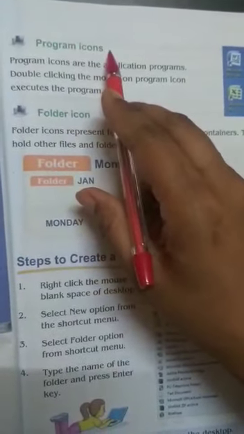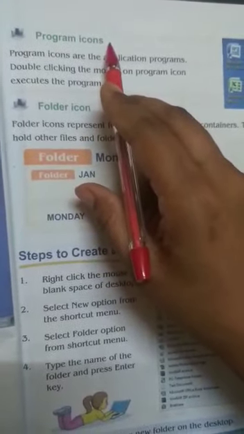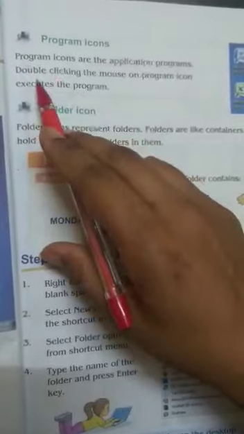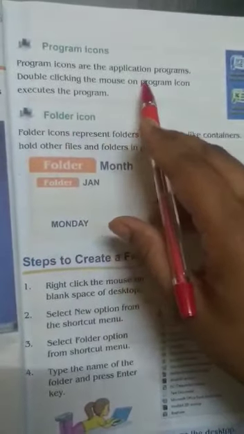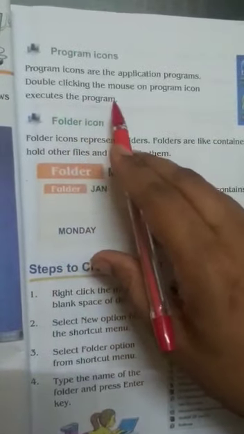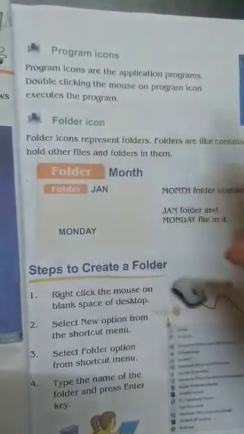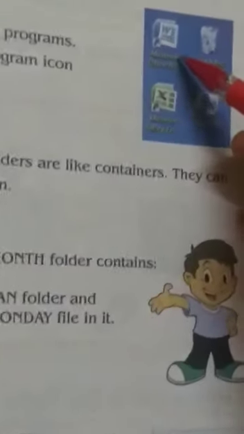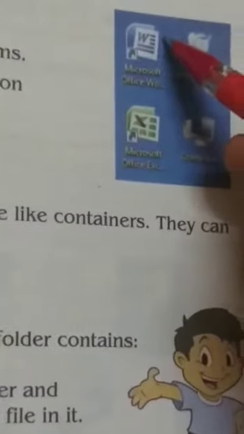this is the program icon. As I have already told you, program icons are the application programs. When we double click the mouse on any program icon, it will execute that program. Children, look on the right hand side. This is your Microsoft Office Word.